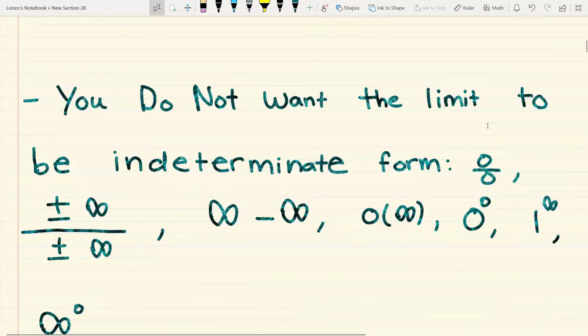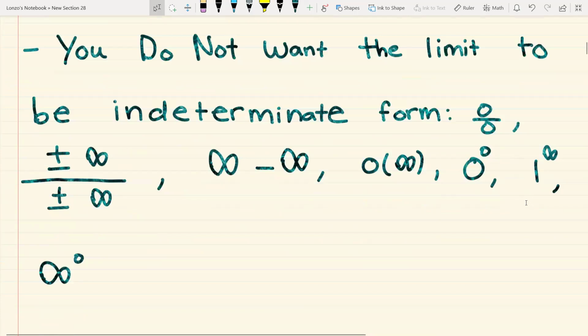So what you do not want for the limit to be is an indeterminate form. So you don't want to have that as your answer. What is an indeterminate form? It's any of these: 0 over 0, positive or negative infinity over positive or negative infinity, infinity minus infinity, 0 times infinity, 0 raised to 0, 1 raised to infinity, or infinity raised to 0.